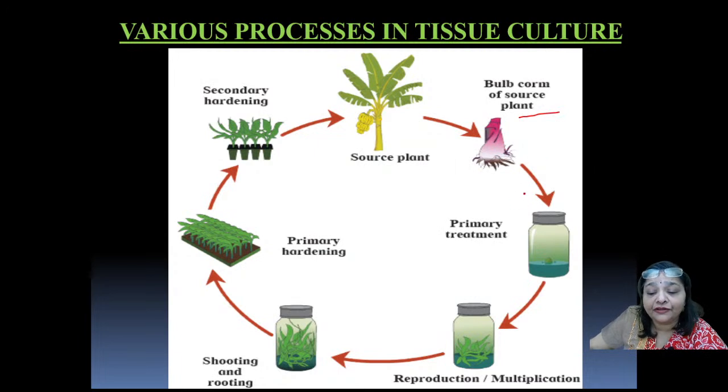And a small part of this explant, this bulb or comb, is introduced into the agar nutrient medium. Yes, here we are using a glass bottle; anything which is aseptic and will not interfere in the growth of the tissue can be used. So this is the primary treatment, where the explant, the part which we are going to remove from the source plant, will undergo certain treatment.